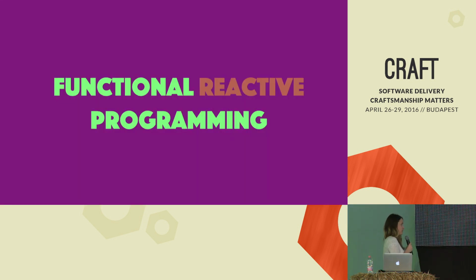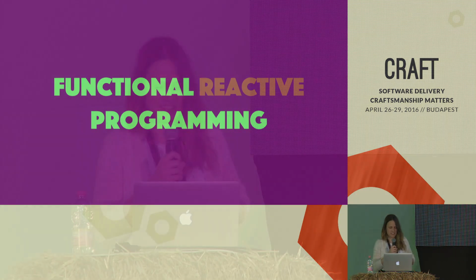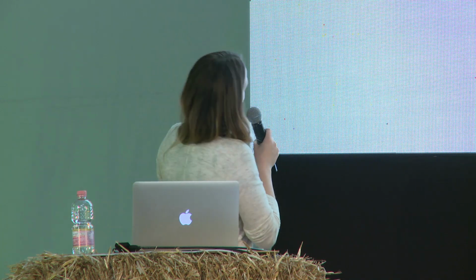So let's start with what functional reactive programming is. It was actually born the same year I was, so it's been for quite a long time. And it was Conal Elliott's idea. And according to his definition, FRP is programming reactive systems by providing composable abstractions and behaviors for behaviors and events, right?